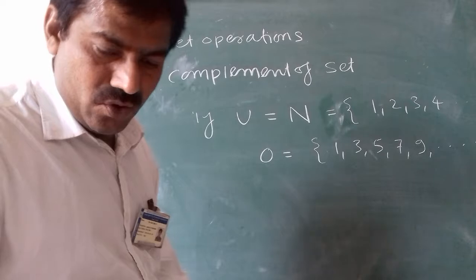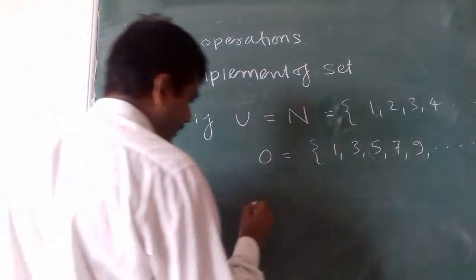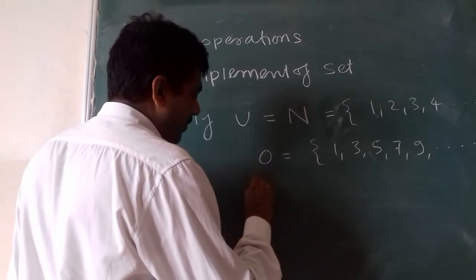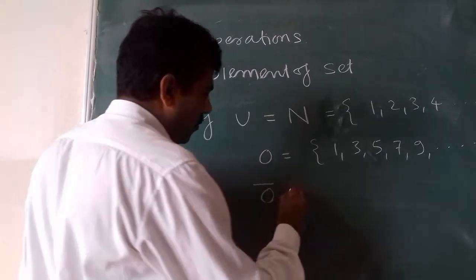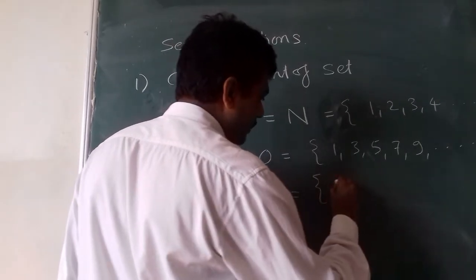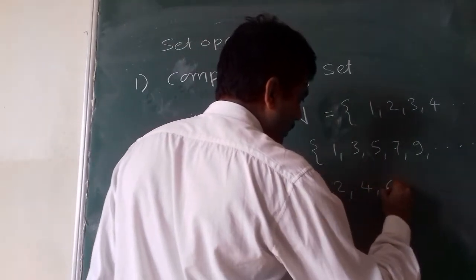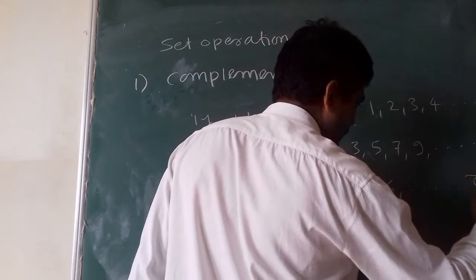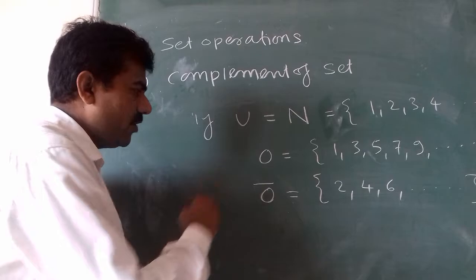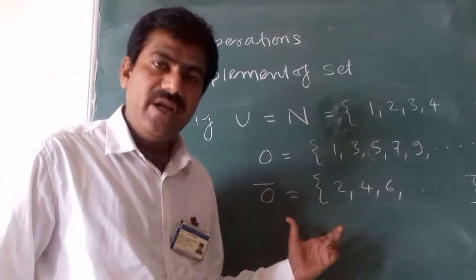Okay, so the complement of O is denoted by O bar, and it contains the elements 2, 4, 6, 8, 10. So this O complement is nothing but our set of even numbers.